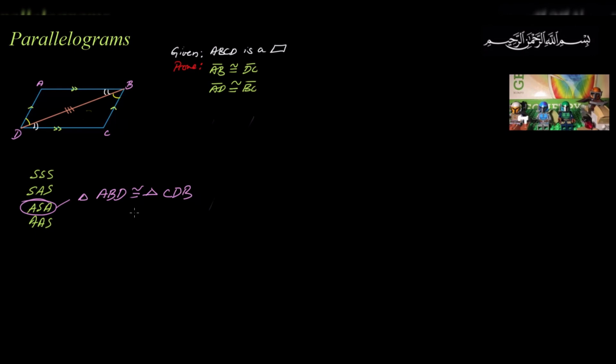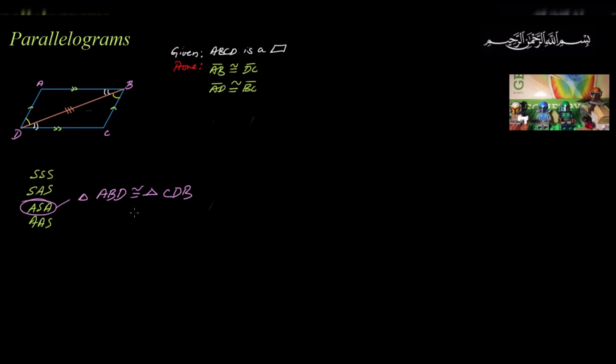And then to get those angles to be congruent, we used the parallelogram theorems, alternate interior angles. We got 2 angles congruent, and we recognized that DB is congruent to DB by the reflexive property of congruent segments. And we used angle side angle to prove those 2 triangles congruent.